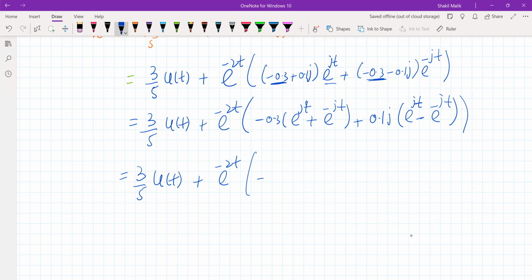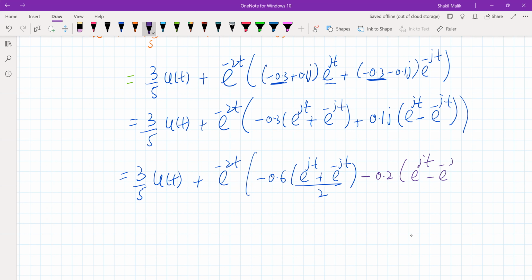We can express it like, I can write it as 0.6, multiplying the numerator and denominator by 2. That's what I did. So here we can write it as 0.2 j. I multiplied the numerator and denominator by 2j, and I will write it as 0.2, and j I will take in the denominator side, so it will become minus j.